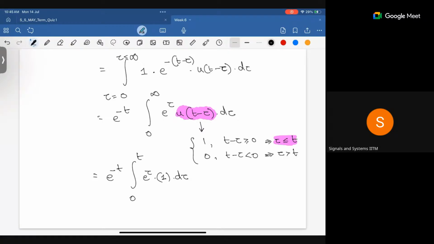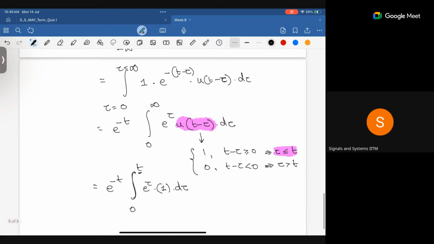Sir, please explain again this limit, how it came to 0 to t? Yes. So we are trying to integrate this particular expression, in which we have u of t minus tau.